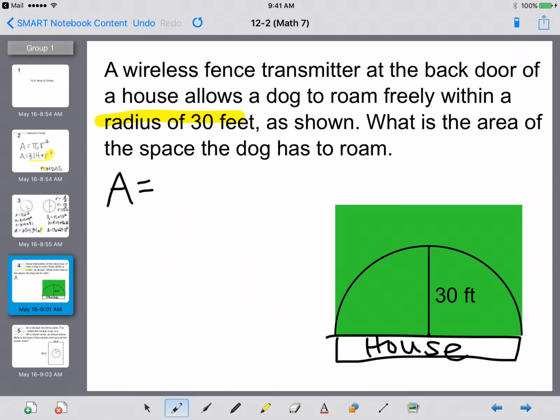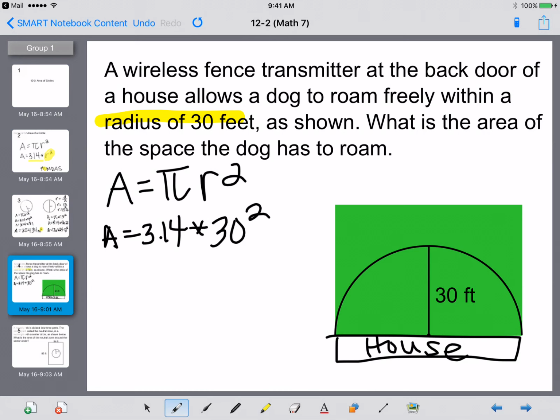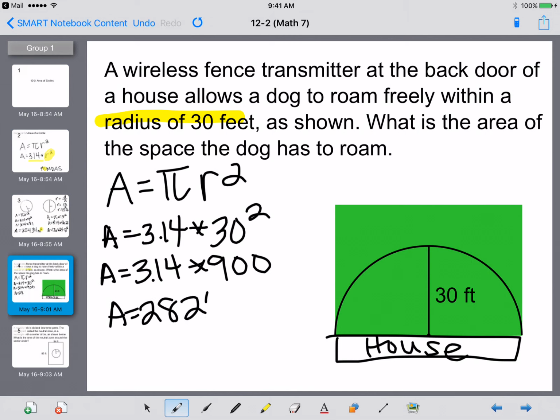So our formula for the area of a circle is pi r squared. Well, sweet, we know the radius is 30 feet, so our area equals 3.14, because that's what stands for pi, times 30 squared. 30 squared is the same thing as 900, and 3.14 times 900 gets us an area of 2,826.